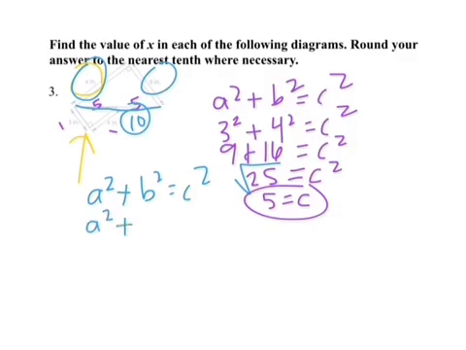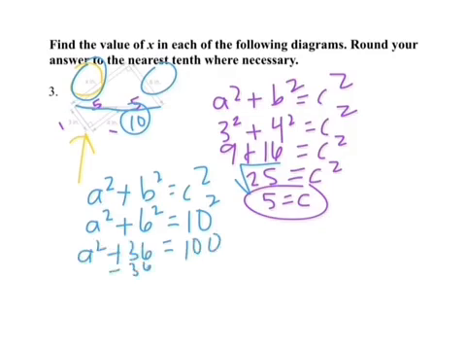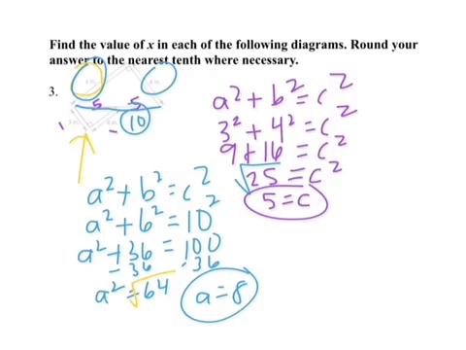So I have 6 squared and I have the hypotenuse of 10. So let's finish this one off and subtract. So I get a squared is 64, then the square root of that is 8. So a is 8. So in my picture, that would be 8. So that was a multi-step problem there.